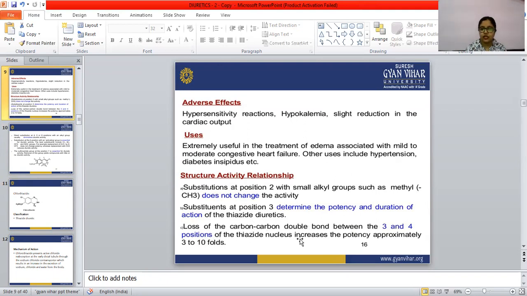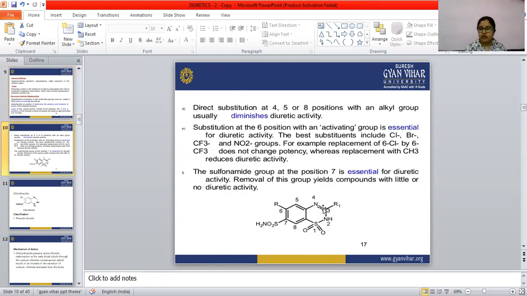The loss of the carbon-carbon double bond between the 3rd and 4th position of the thiazide nucleus increases the potency approximately 3 to 10 fold.